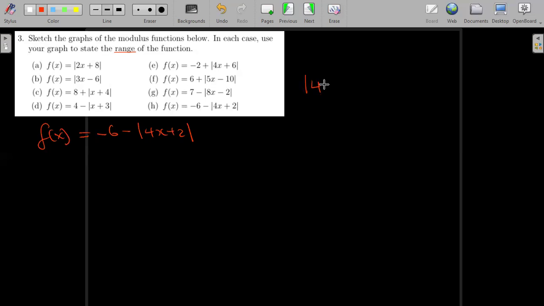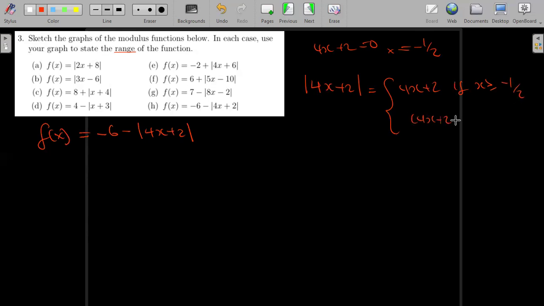I can take it again step by step by redefining this. So 4x plus 2 equal to 0 will just give me negative x is equal to negative half. So it means it will be 4x plus 2 if x is greater than or equal to negative half, and negative of 4x plus 2 if x is less than negative half.